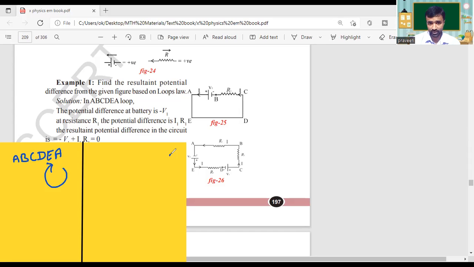Then anti-clockwise direction. I'll write the equations in both formats, clockwise and anti-clockwise direction.